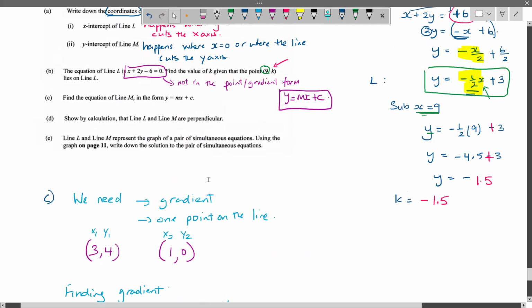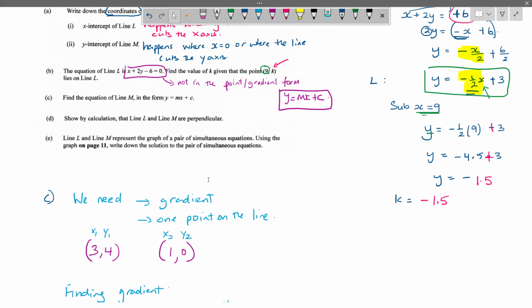Everybody right with that? Now, for part D, we want to show by calculation that the line L and the line M are perpendicular.